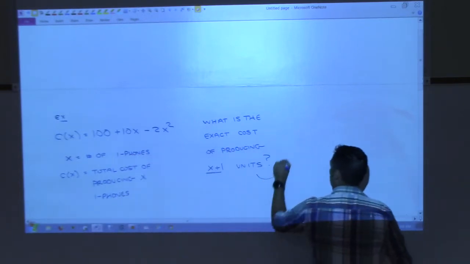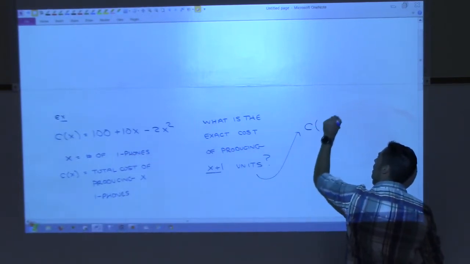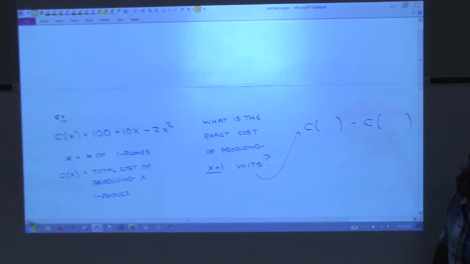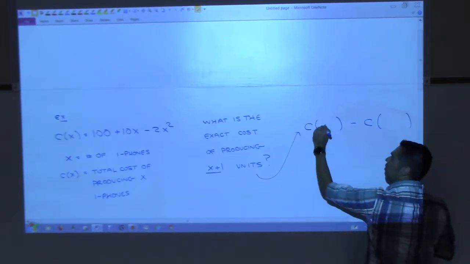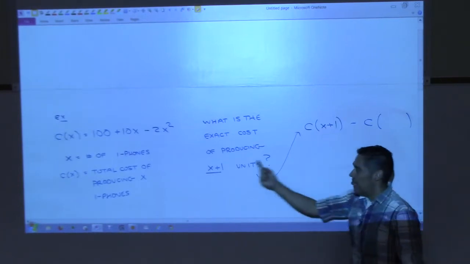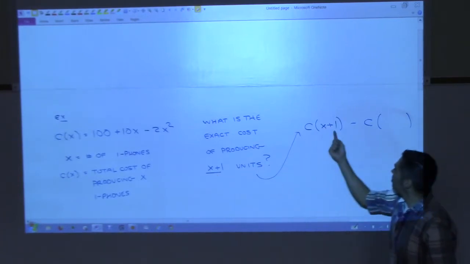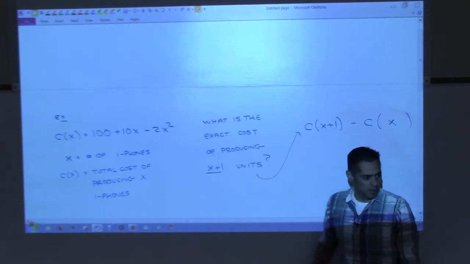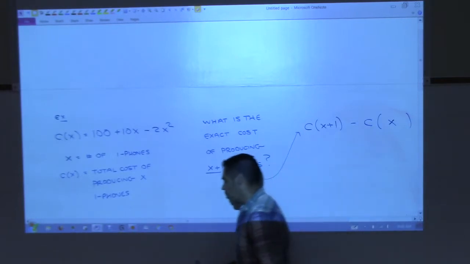To do this, I need to do the cost of something minus the cost of something else. What is it? Cost of the X plus 1 one. That was like the 8th one, right? And then I'm going to subtract from that the cost of the X one, which would be the one right before it. All right?